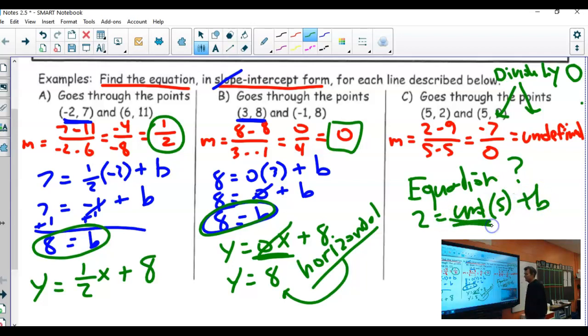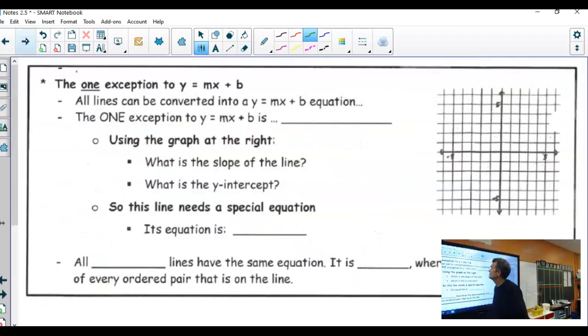What in the world? Can't do that. So I'm kind of stuck for a moment. But let's talk about what really happens here then. This is the one exception to y equals mx plus b. All lines can be converted into a y equals mx plus b equation except this one. It's the one exception. And it is a vertical line.